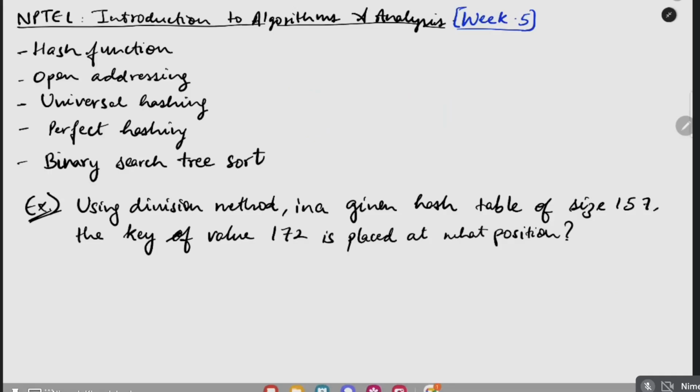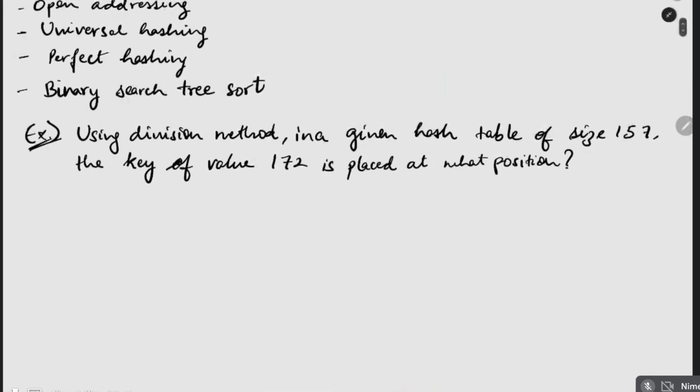So what we have been given is that we have a hash table, right? And the size of the hash table is 157.